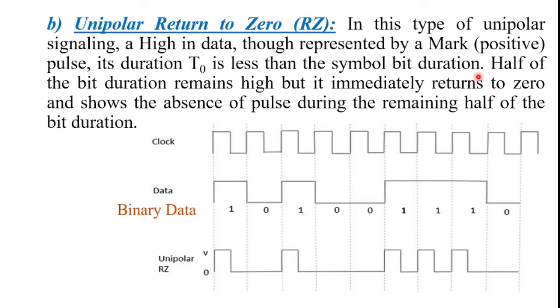The duration T0 or TB is less than the symbol bit duration, and this is high in data.